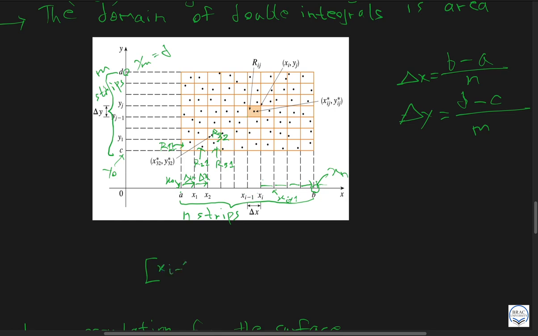Each of these rectangles rij can be more mathematically stated as the rectangular interval, which is bounded in the x-axis from xi minus 1, till we move 1 unit to the right by delta x, we get xi.